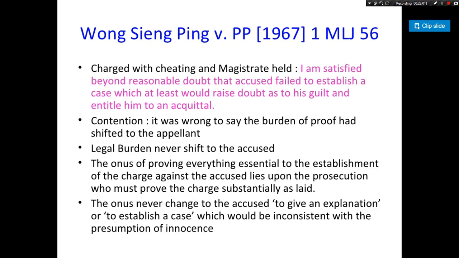The accused was charged with cheating and the magistrate held: I am satisfied beyond a reasonable doubt that the accused failed to establish a case which at least would raise a doubt as to his guilt and entitle him to an acquittal. It was wrong to say the burden of proof had shifted to the appellant. The legal burden never shifts to the accused.